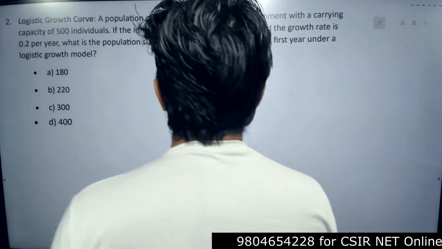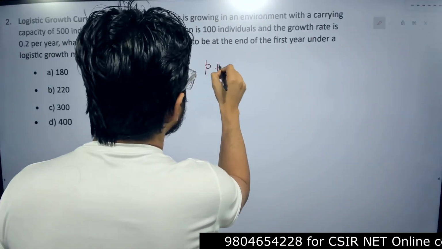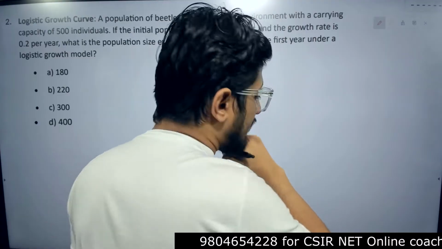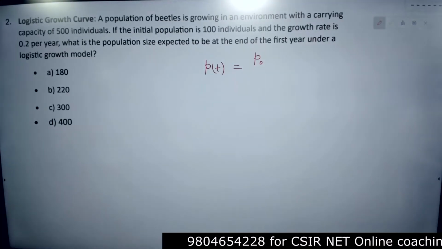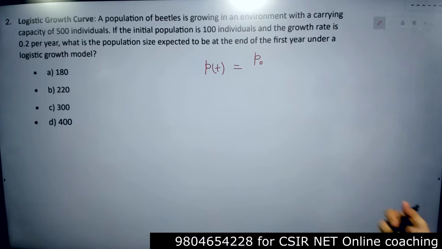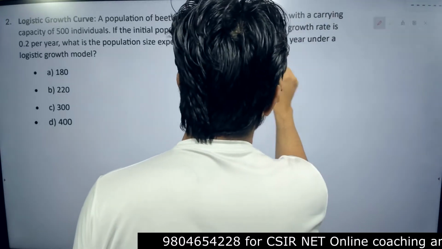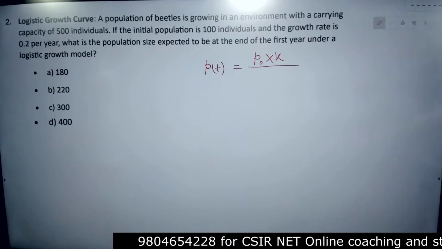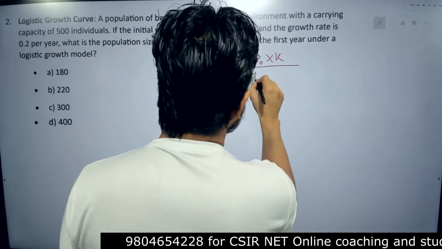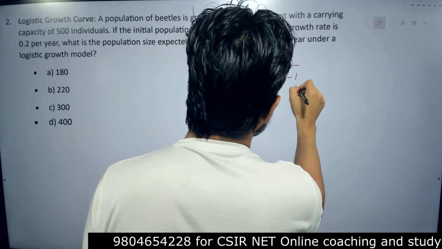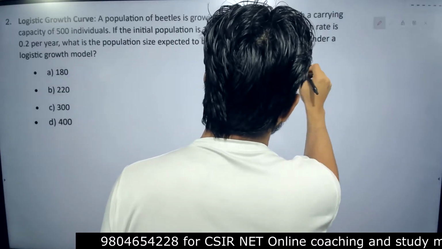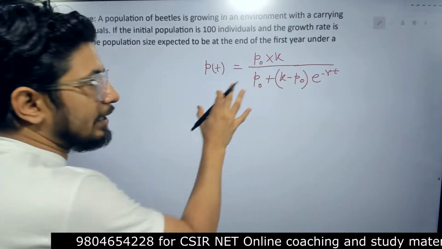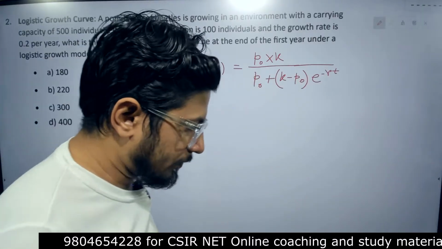We write it as Pt equals P0 into K, where K is the carrying capacity, divided by P0 plus K minus P0 into e to the power minus RT. So this is the formula to calculate logistic growth.